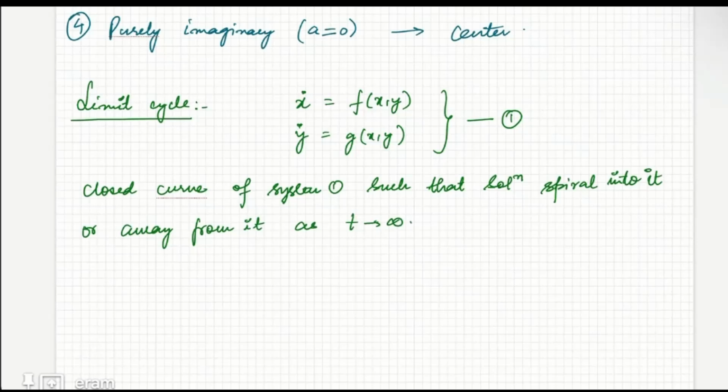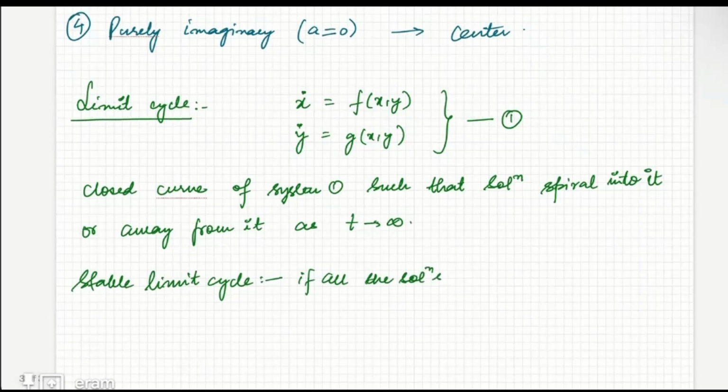If the solution spirals into it, then we have a stable limit cycle, if all the solutions in the neighborhood of it do so.